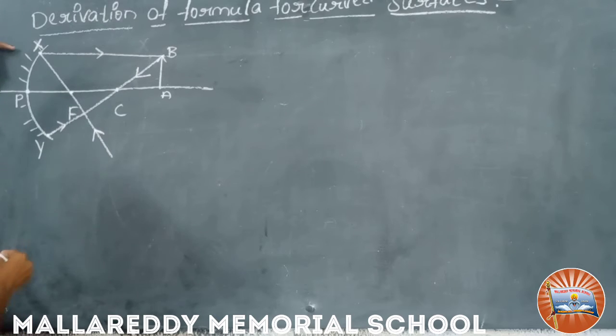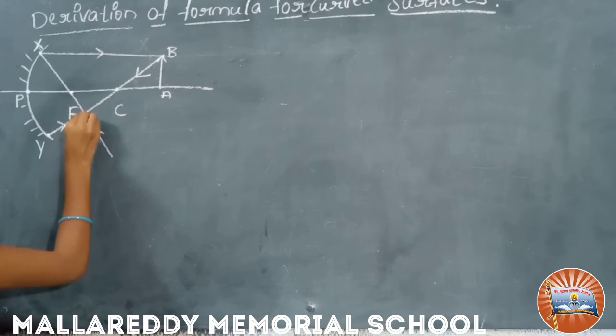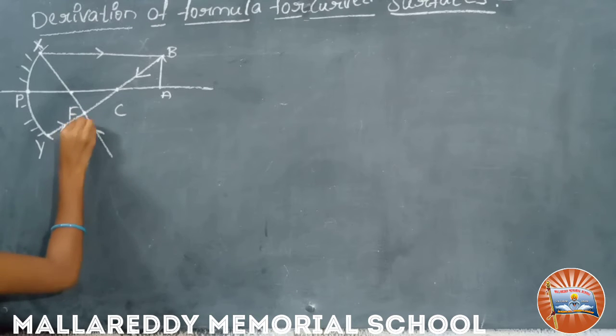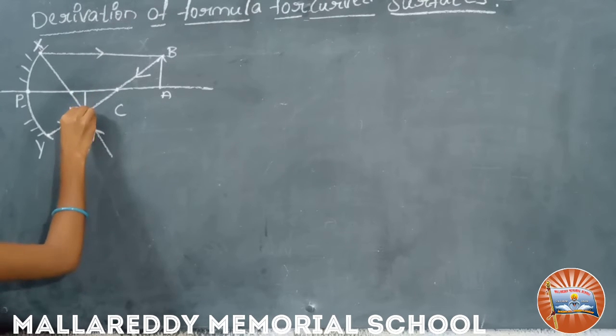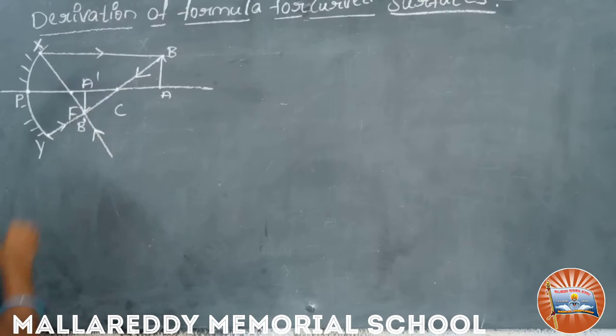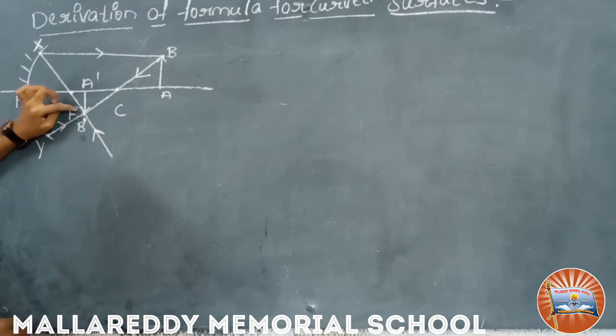Now here X and Y both reflected rays meet at one point that is taken as B dash. So here the image formation takes place. Okay. Take this as A dash and B dash. Now X B dash and Y B dash meet at one point, that is B dash here.